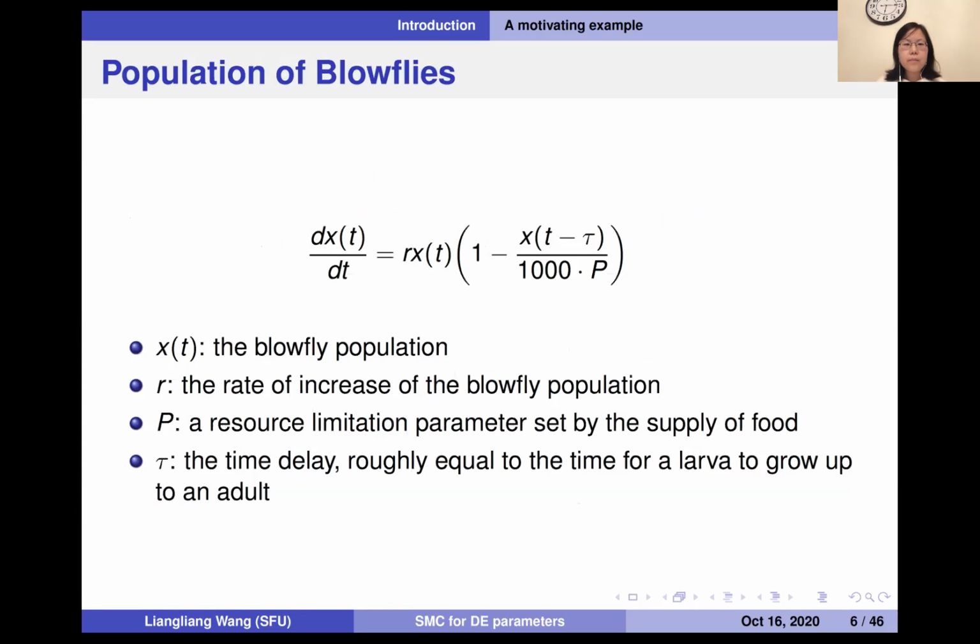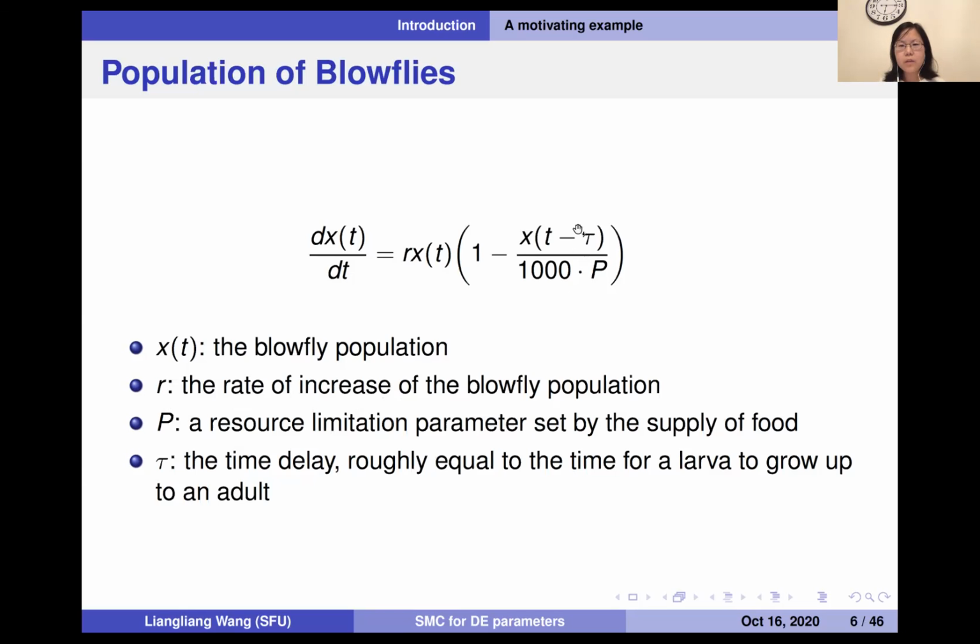The blowfly population x of t can be described using this differential equation, where x of t represents the blowfly population, R is the rate of increase of the blowfly population, and P is the resource limitation parameter set by the food supply.